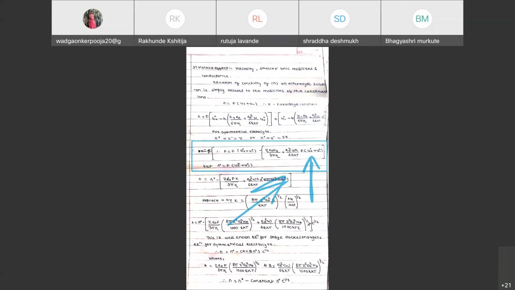But what is that value? Lambda 0 is equal to F into U plus U minus. This value that you see here is equal to lambda not. Then you will be putting the value in your equation.